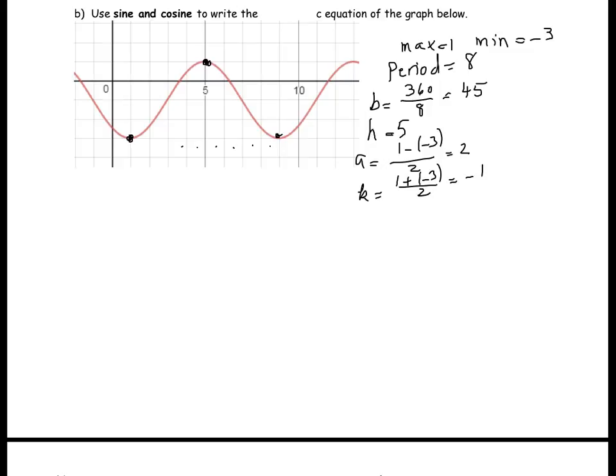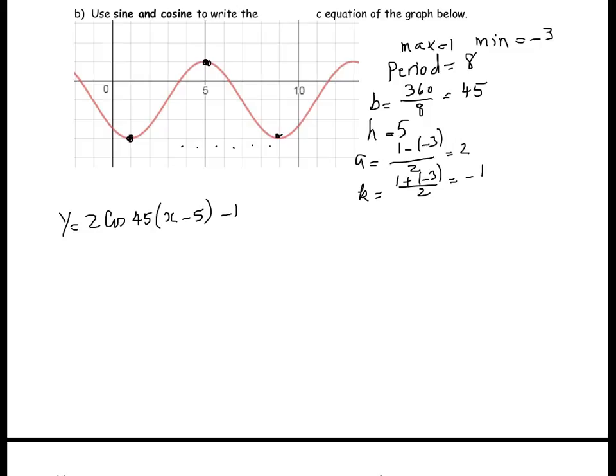So knowing these, I can write that y is equal to, first I'm going to write the cosine function, which is a, which is 2 cos. Now b is 45, x minus h is 5, plus k, and k is -1.